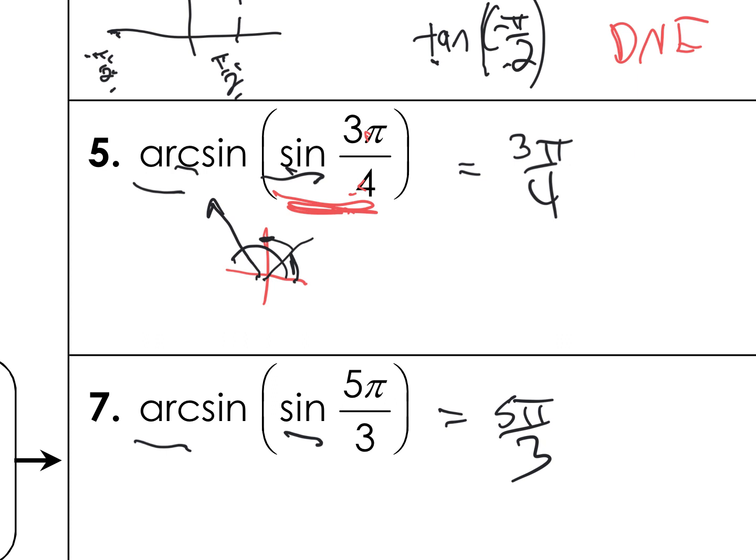So doing the trig, doing the inside first, you'd have to drop a perpendicular here. Realize this is a 45 degree reference angle, meaning that's a 1, that's a negative 1, that's a square root of 2, and the sine of this reference angle is opposite over hypotenuse, 1 over the square root of 2.